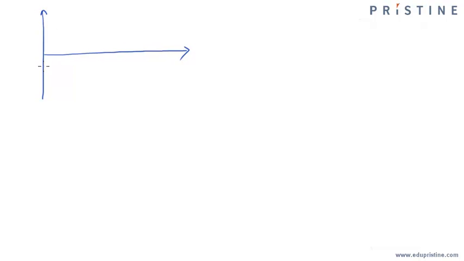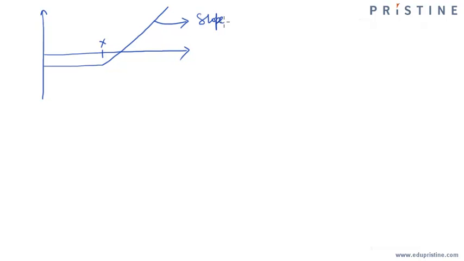So suppose I have a call option. So there are basically two straight lines. One is parallel to x-axis line, another one is upward sloping line. So here we must understand that whenever we have a call option, the slope of the upward sloping line is 1.